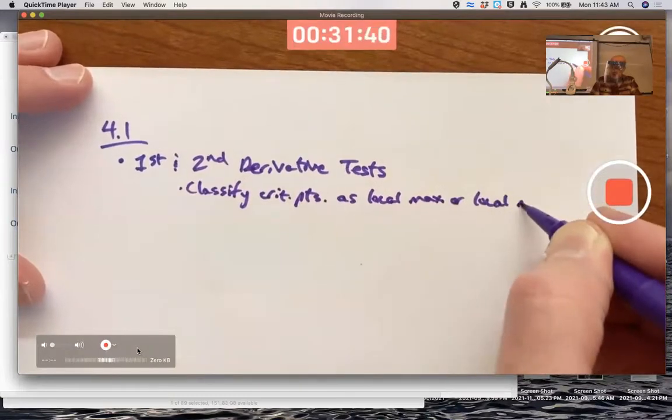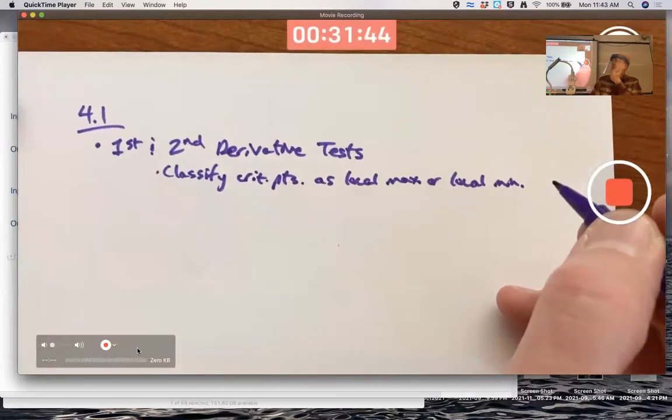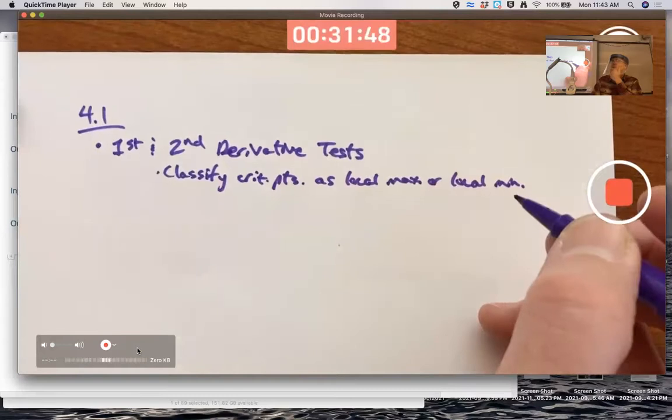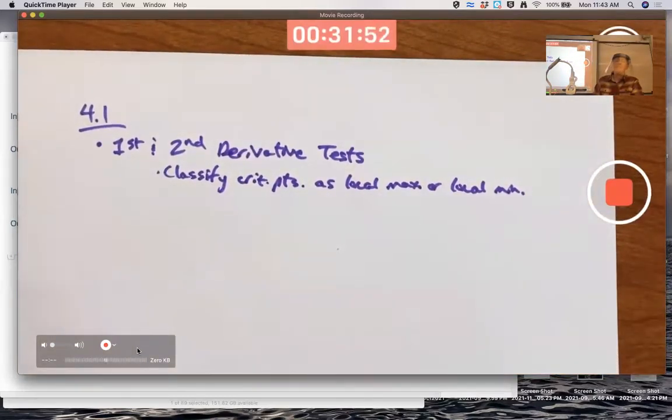Classify critical points as local maxes or mins. Or neither, though in the neither case, the first derivative test can typically tell you more than the second one can. Think about it with me here. Watch my hands. What are critical points? They're where the derivative is 0 or undefined, technically.